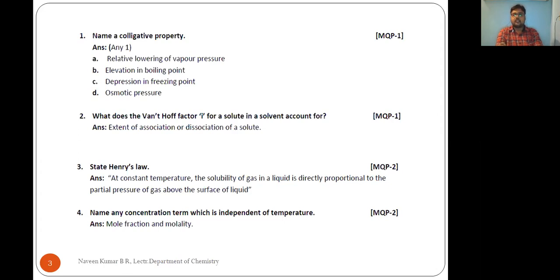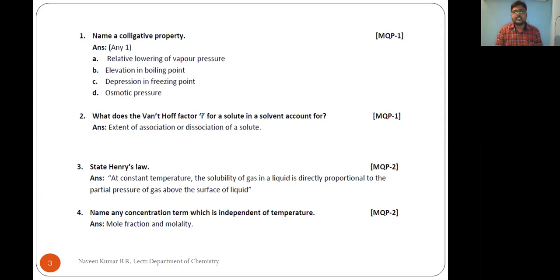Henry's law explains the solubility of gases in liquids, whereas the Raoult's law explains for liquid-liquid solution. So only 2 laws in the unit, which are very important. Remember with their statement and mathematical form. And for Henry's law, you can remember the application, and for Raoult's law, the classification of solutions based on the Raoult's law concept you can remember as ideal solutions and non-ideal solutions.